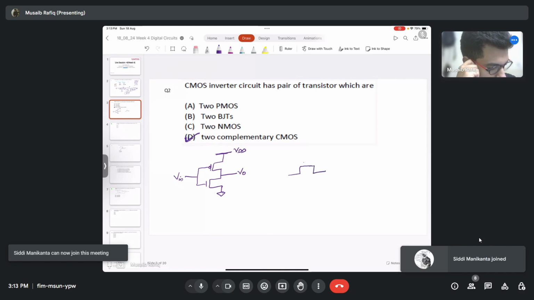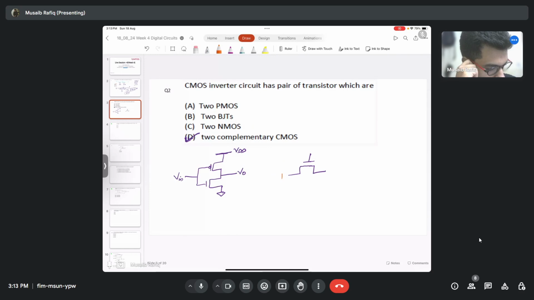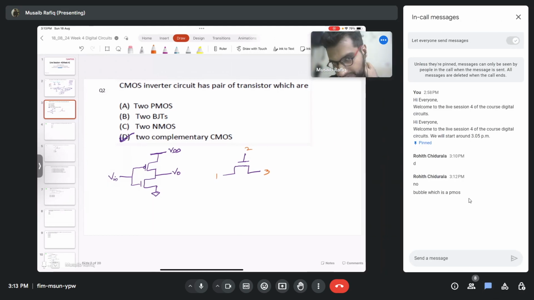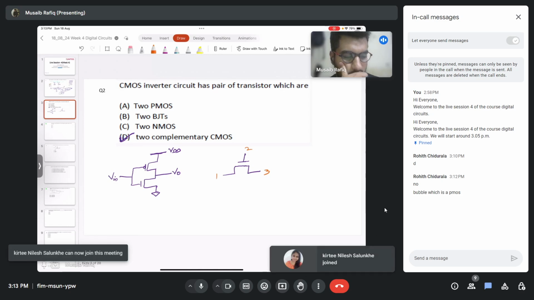I have a question for you guys here. 1, 2, 3. What have I drawn here? Can anyone tell me what this is? Let me repeat. I have drawn this structure.